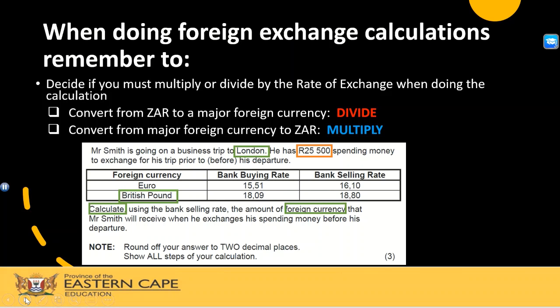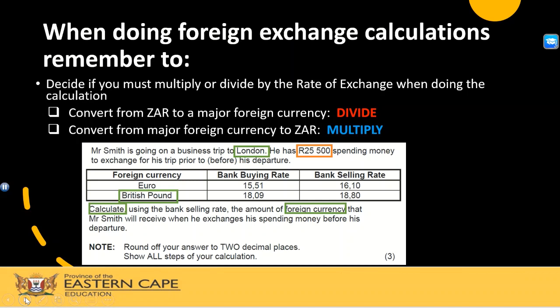If you are converting from South African rand to a major foreign currency, you must divide. And from a major foreign currency to South African rand, you must multiply. You've probably heard that same statement 5 times in the lesson up until this point, grade 11s, but that is the essence of what we are doing here.